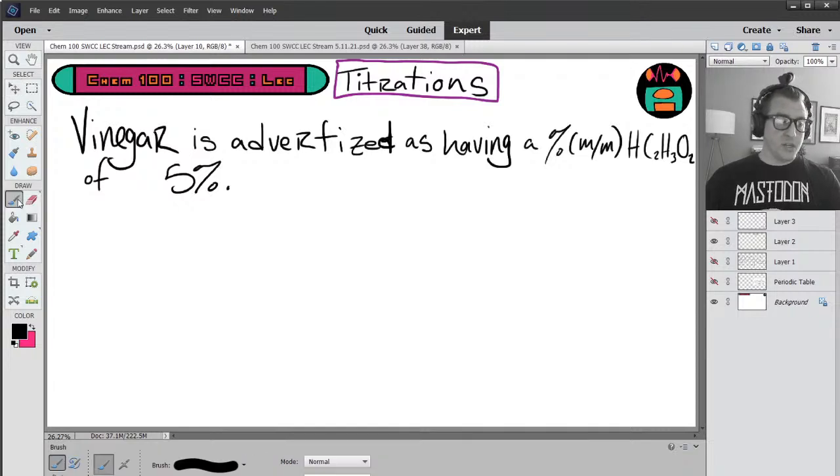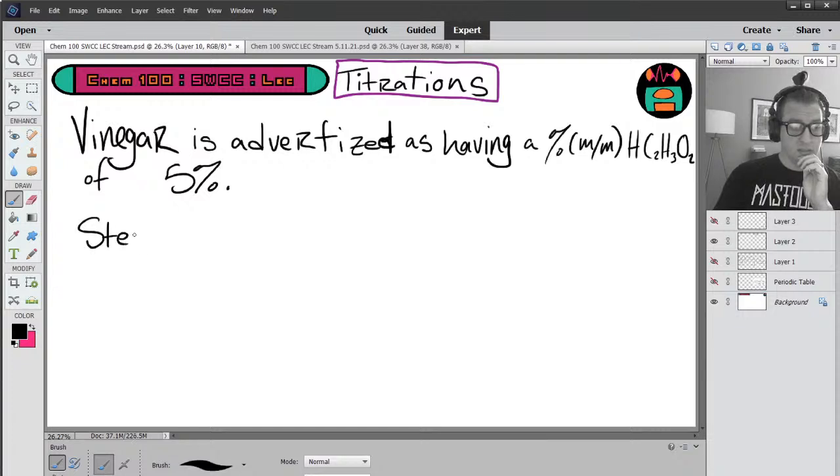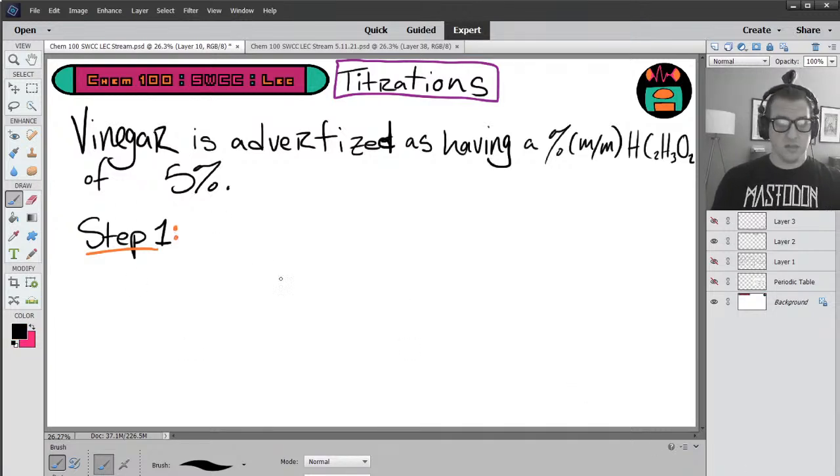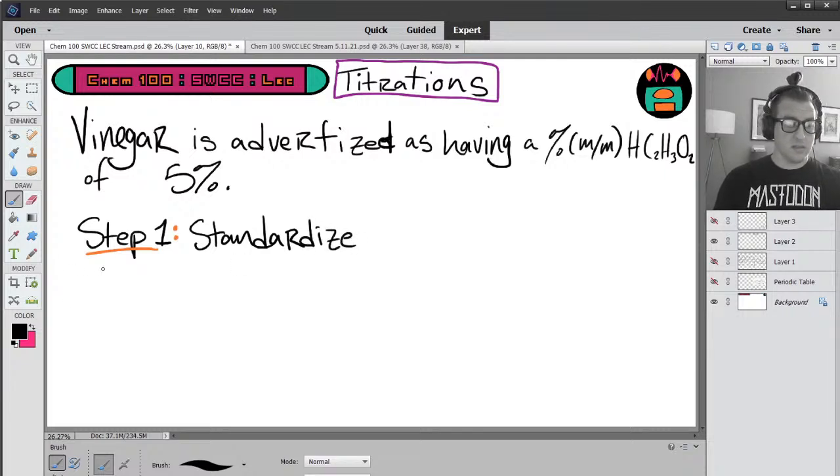Okay. So what you're going to be doing, so these are the steps involved. Step 1: Standardize a solution of sodium hydroxide.